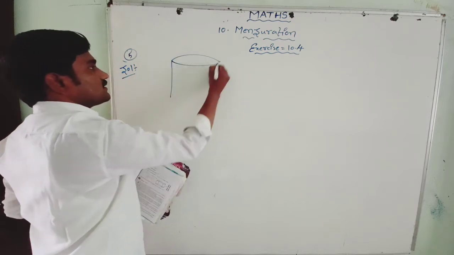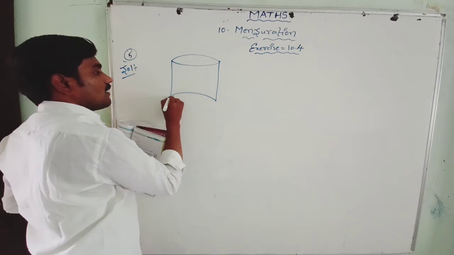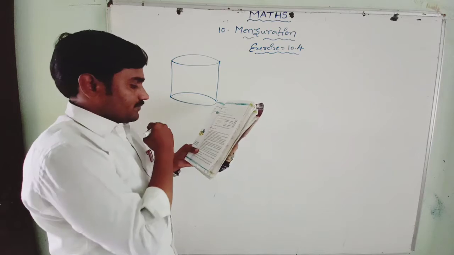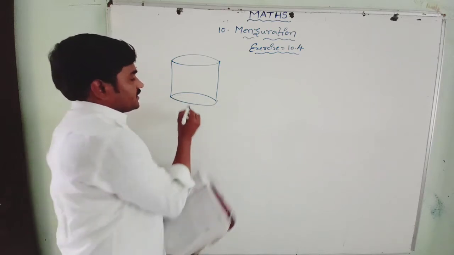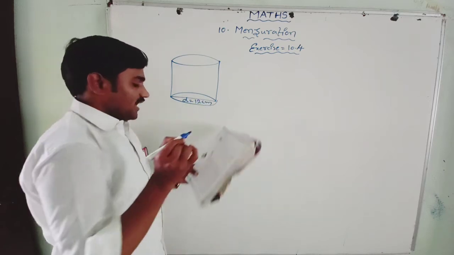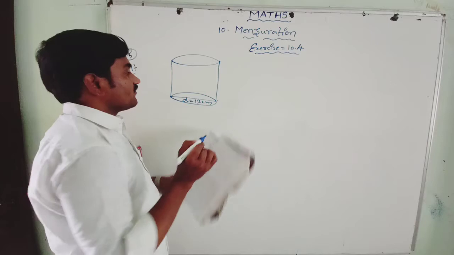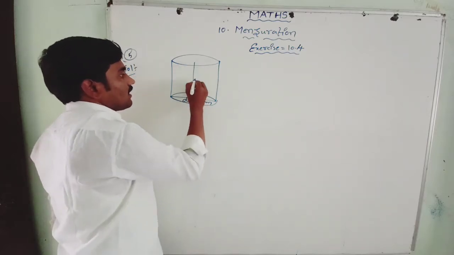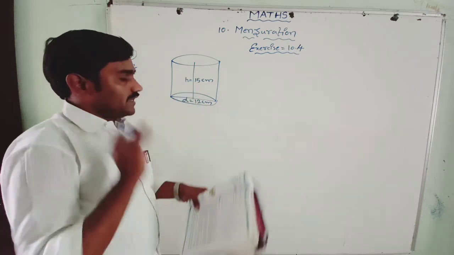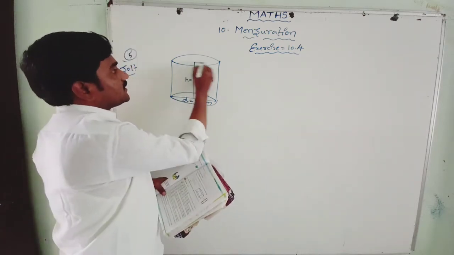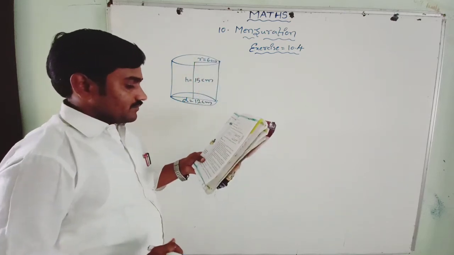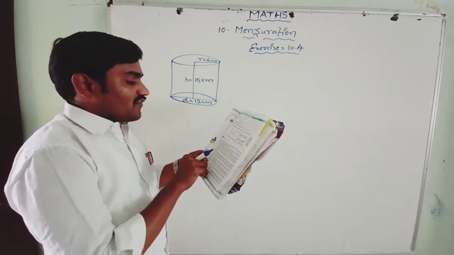There is one container like this, of diameter D equal to 12 centimeters and height h equal to 15 centimeters. Then if diameter is 12 centimeters, the radius r equal to 6 centimeters. Then it's full of ice cream.